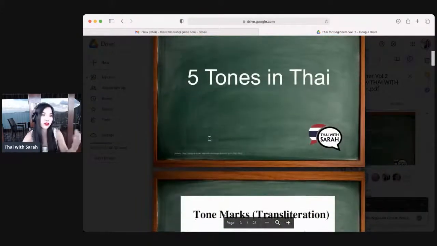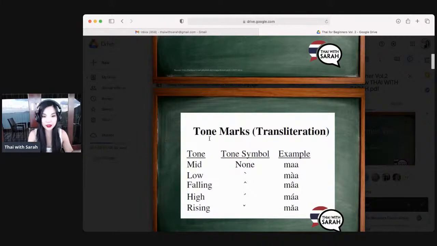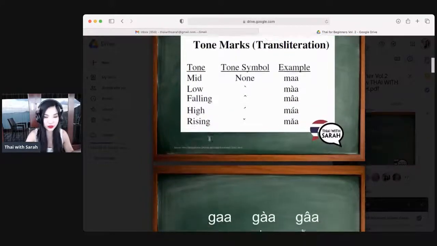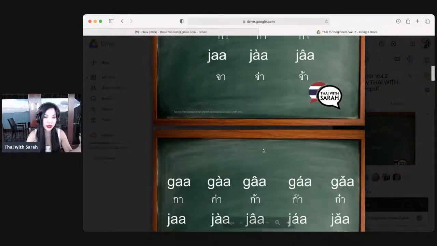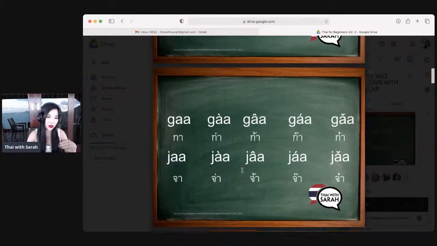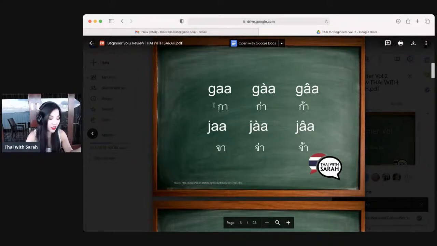There are 5 tones in Thai. You probably already know that tones can be complicated, and at the same time they can also be simple if you understand the structures and the nature of the sounds. I'll do 3 tones first to start, and then I have you do 5 tones, because that's how we do it. Let's take a look real quick.